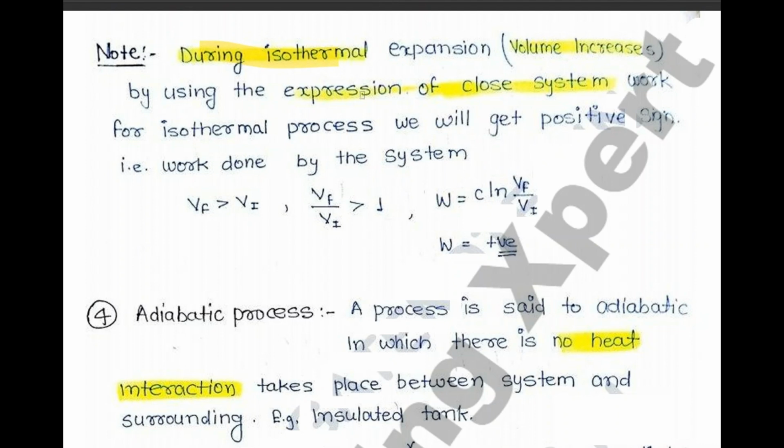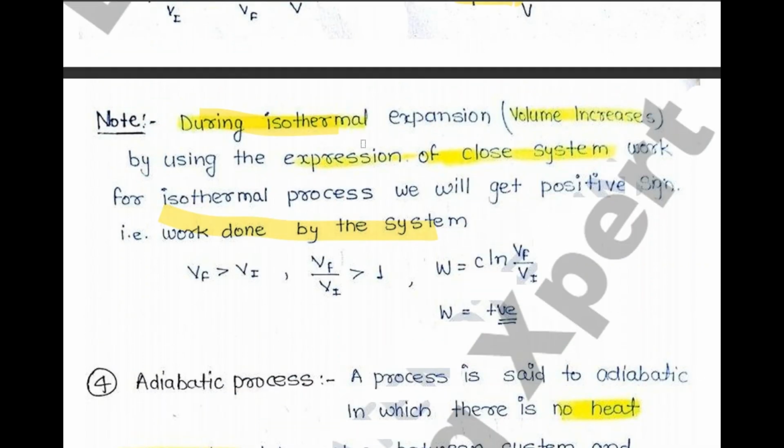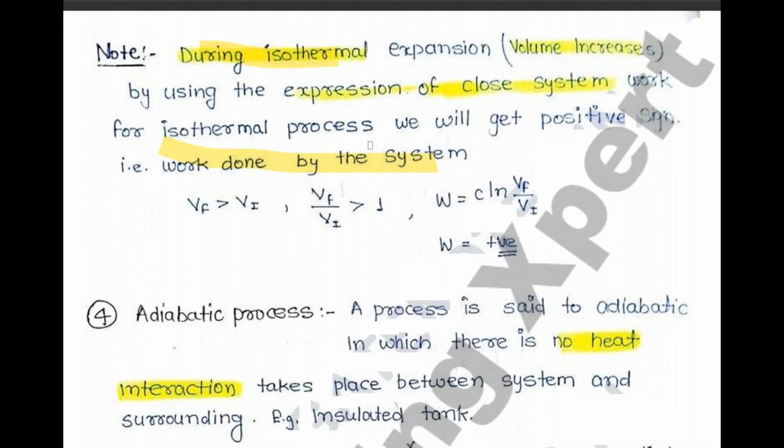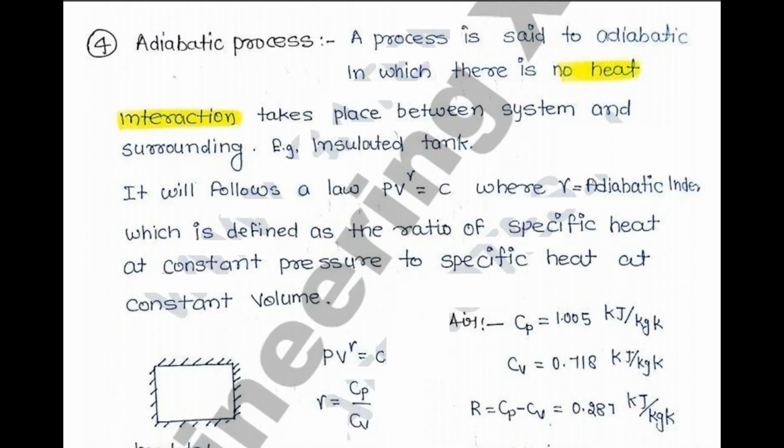By using the expression of closed system work for isothermal process, we will get the positive sign. Assuming expansion is happening, this work will be by the system, so that will be positive.